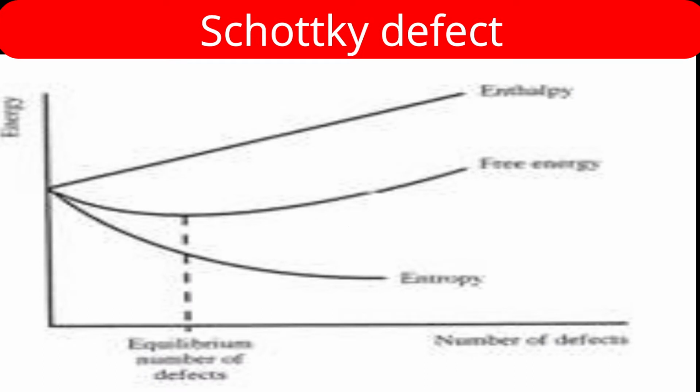Surprisingly, a defect is a need of a crystal for its stability. We consider thermodynamical equilibrium. What exactly is that thermodynamical equilibrium? To produce the defect, energy is absorbed. So absorption of energy is not a suitable way for stability.